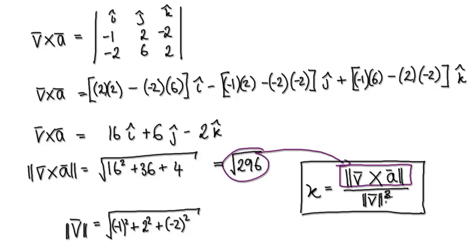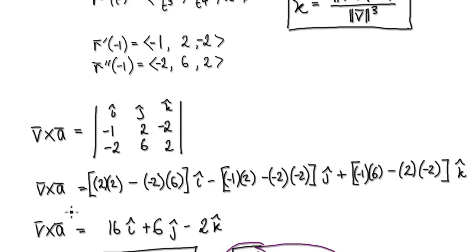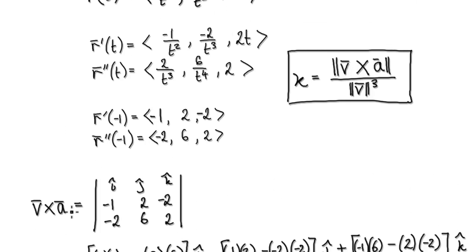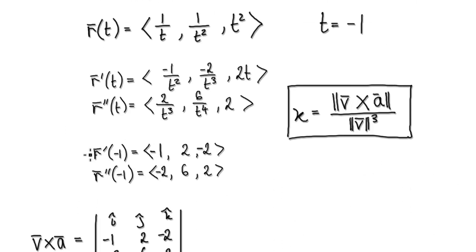Okay, so now looking at this, we need the magnitude of the velocity vector. So going back to our velocity vector, remember our velocity vector is right here. So going back to the velocity vector, we would need to work out the magnitude of the velocity vector and then cube it.